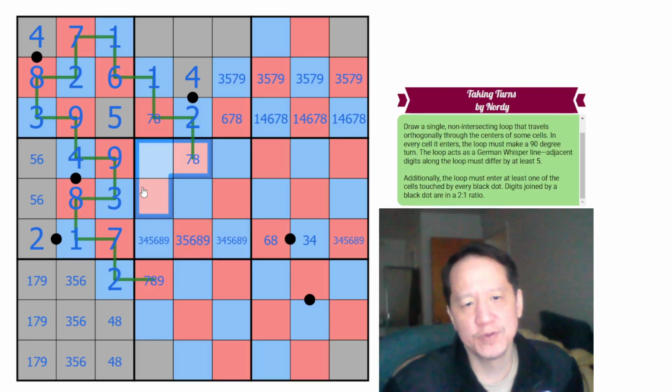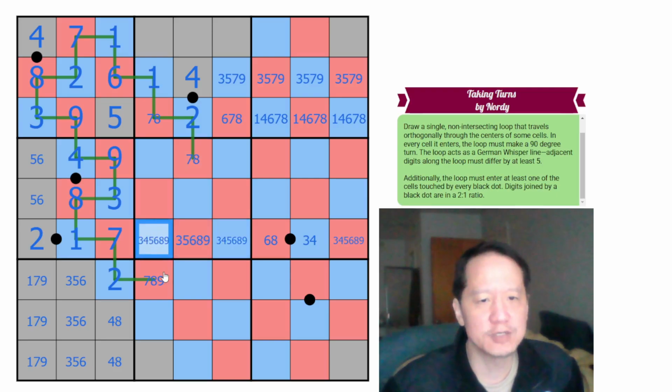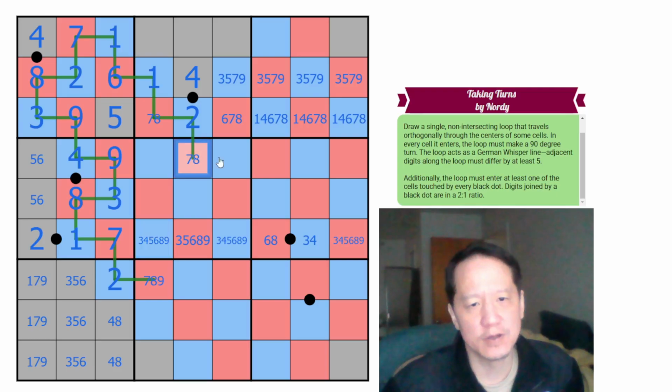If it goes this way, it would have to turn, then turn, then turn, then turn, and it could not. Okay, so this can never be entered into, I don't think. Turn, turn, turn.